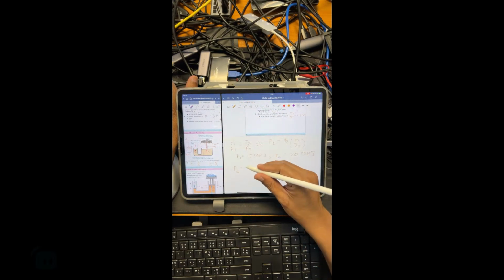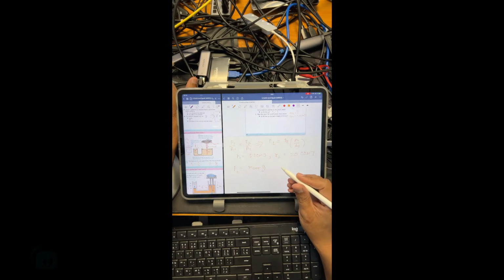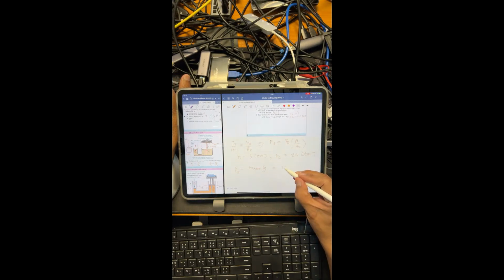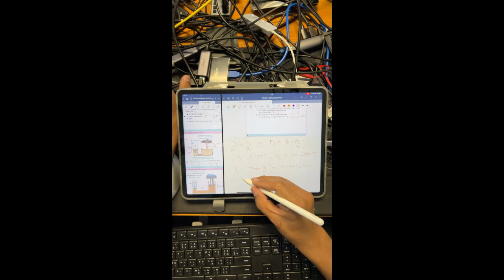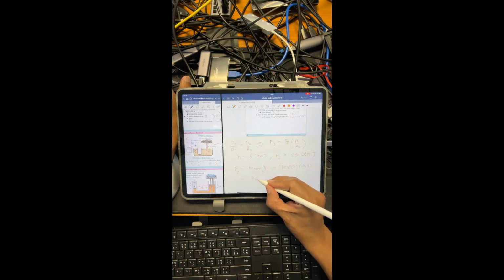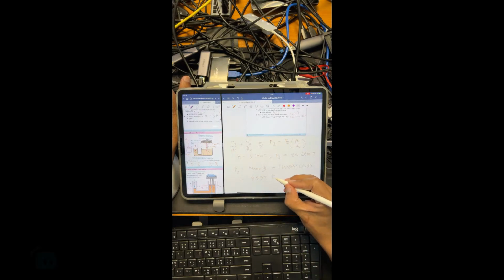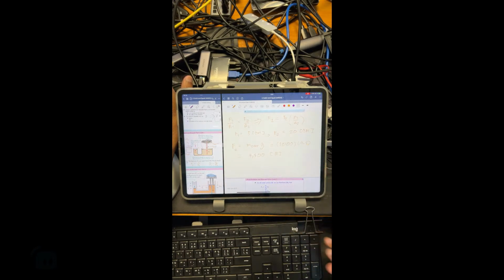F2 is the weight of the car, the mass of the car times gravitational acceleration on Earth. You know that this is 1 ton, 1,000 kilogram, and you multiply it by 9.8, the acceleration on Earth, and you get 9,800 Newton.